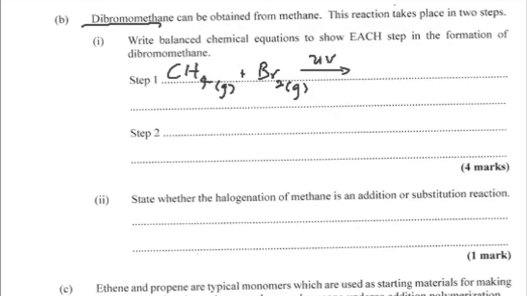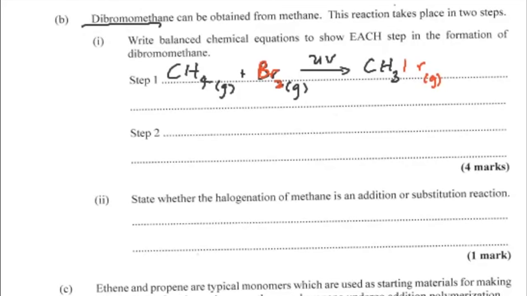Perhaps it's best if we show the bromine in red. If we take off one hydrogen at a time, then the first thing we get is HBr, which should be a gas.